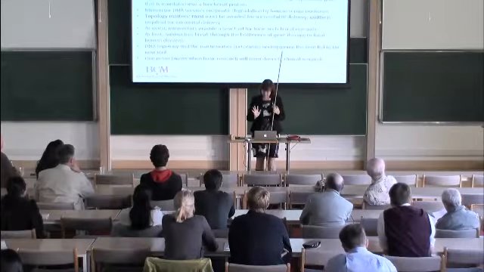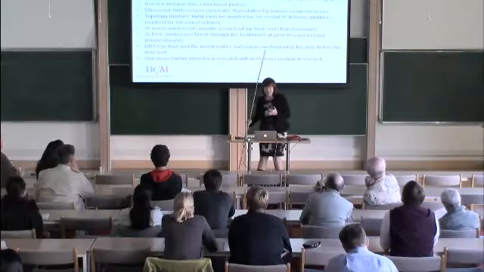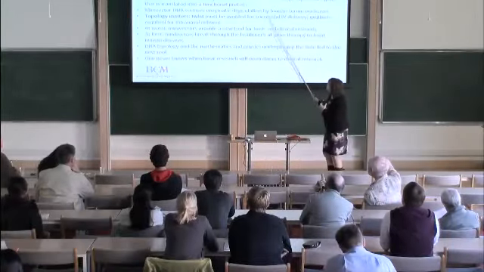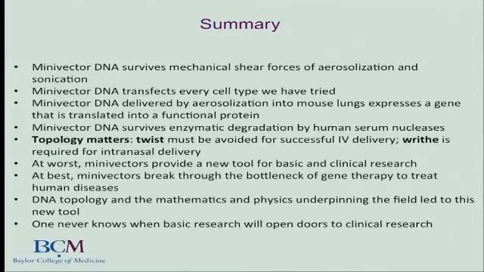So, in summary for the science part, minivector DNA survives both mechanical shear forces, and there was a lot of really neat physics behind the development of that nebulizer. I was really fascinated by that. It also survives, and it transfects every cell type we have tried.